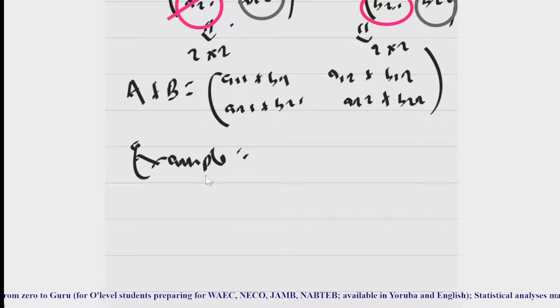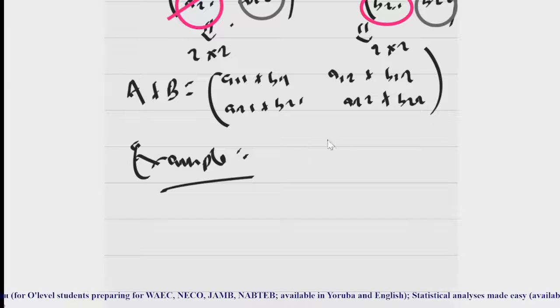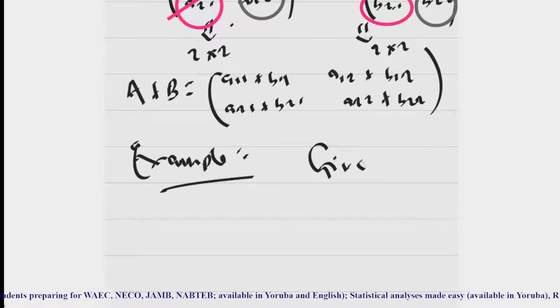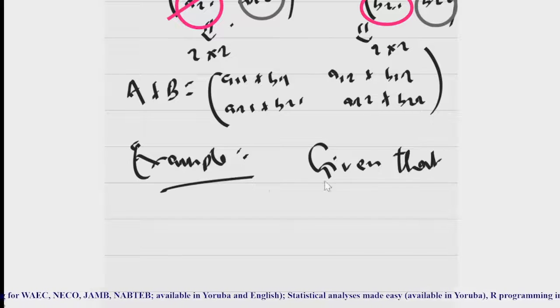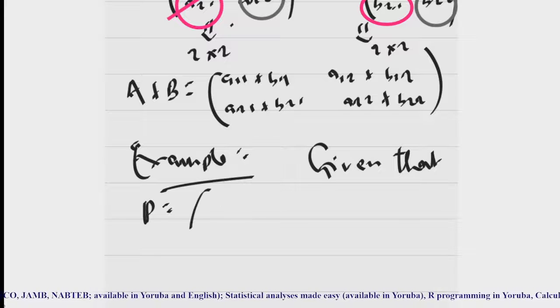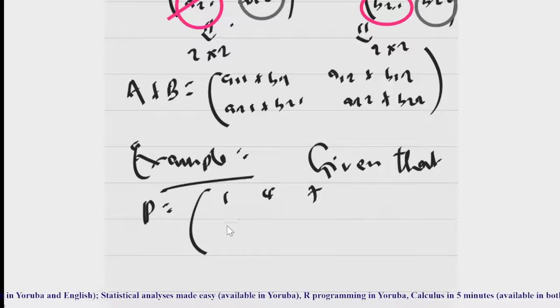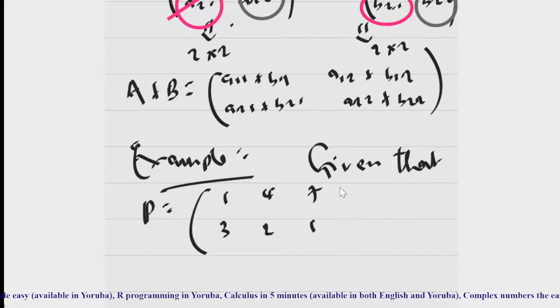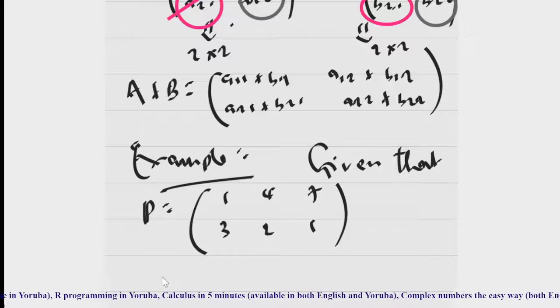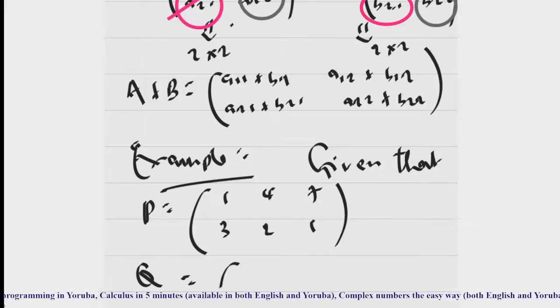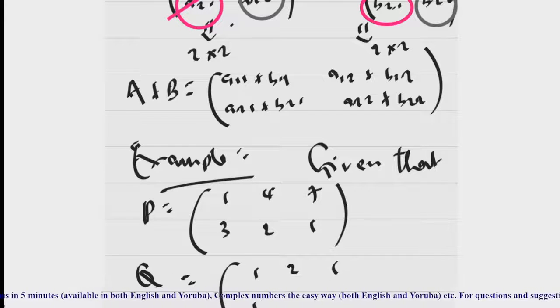Example: given that matrix P is 1, 4, 7, 3, 2, 1, and Q is equal to 1, 2, 1, 0, 0, 3.